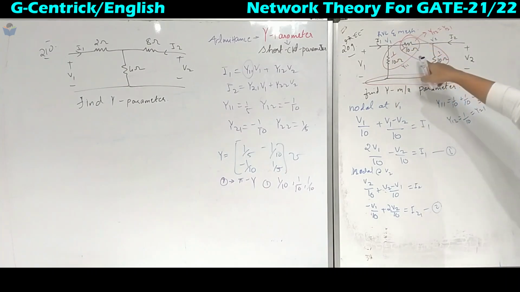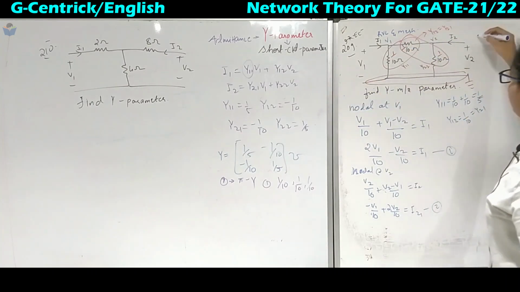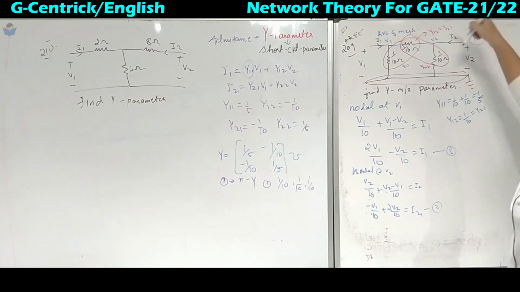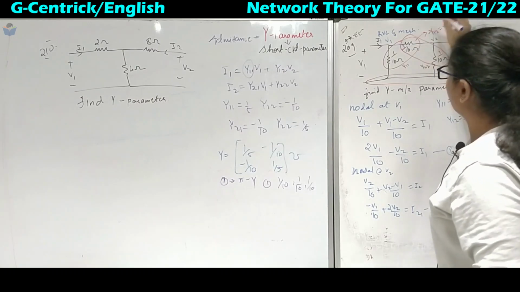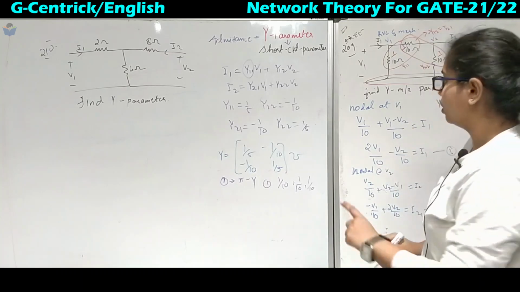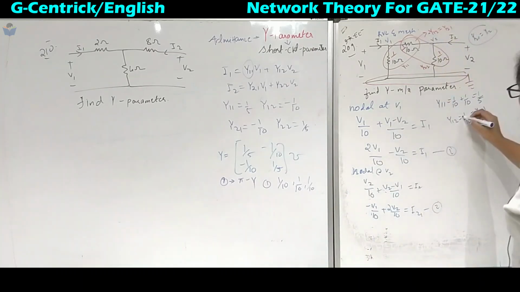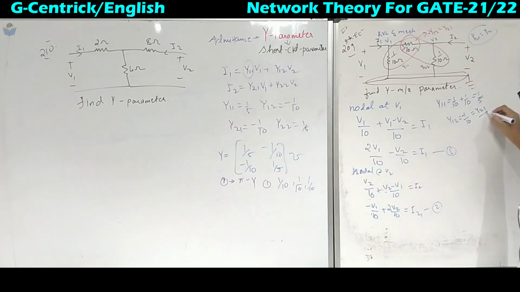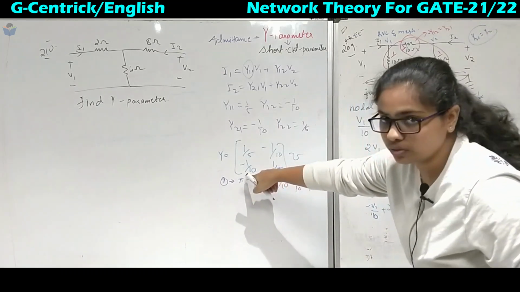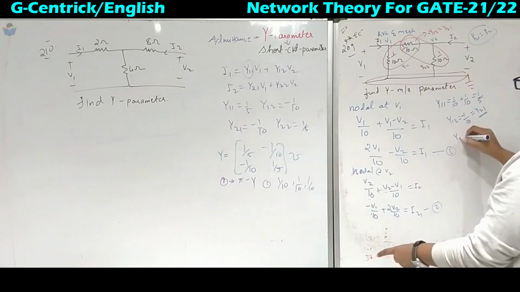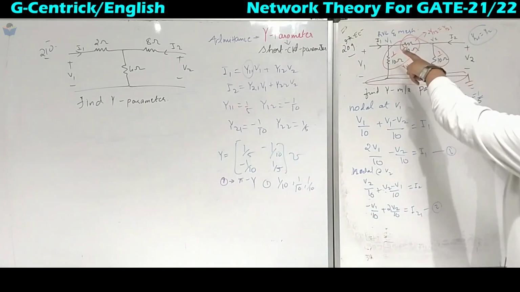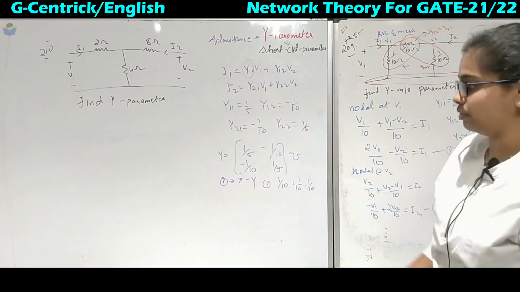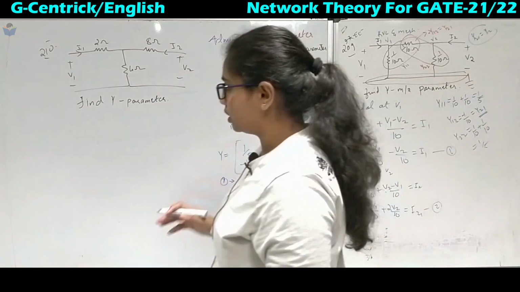One more thing, as per reciprocity, Y21 should be equal to Y12. So this is correct, but while using the shortcut trick you have to use a minus sign for these, so both will get the minus sign. So this will be minus 1 over 10, which is also the same for Y21, and for Y22 it is the addition 1 over 10 plus 1 over 10, which gives 1 over 5. This was the shortcut trick.